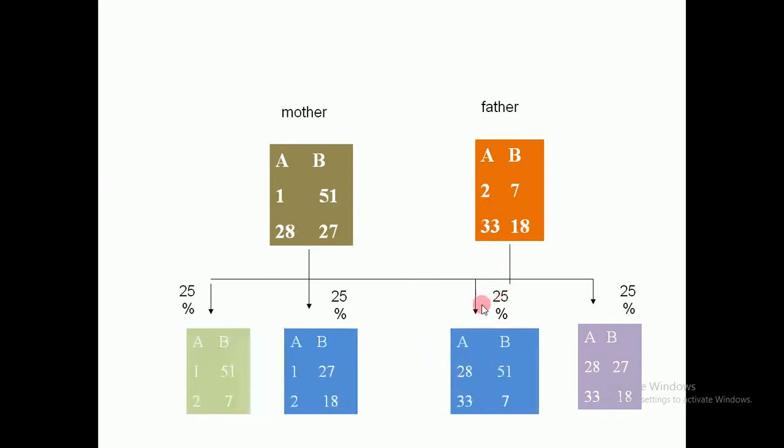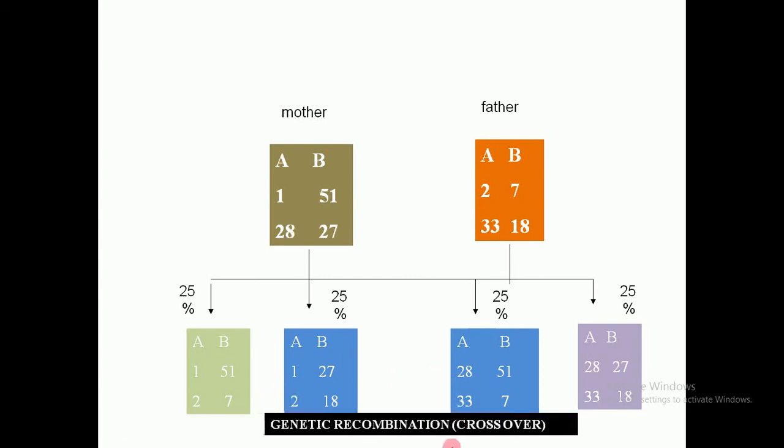And the rest, 25% of their children, 28, 51, and 33, 7. This chiasmatic inheritance is called crossover genetic recombination.